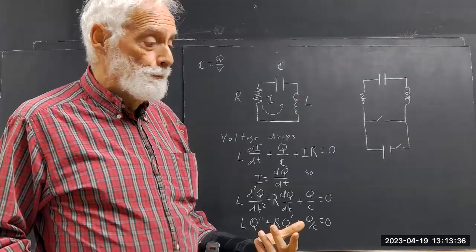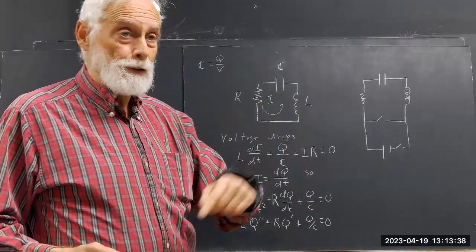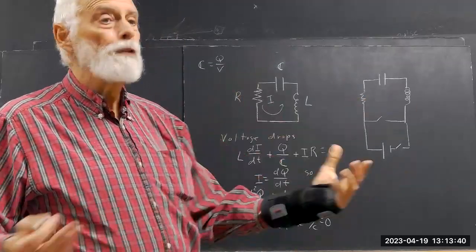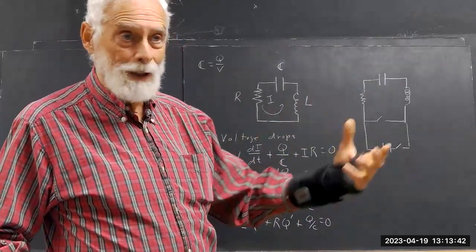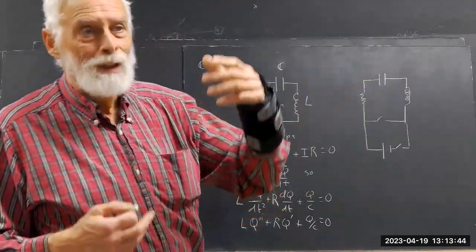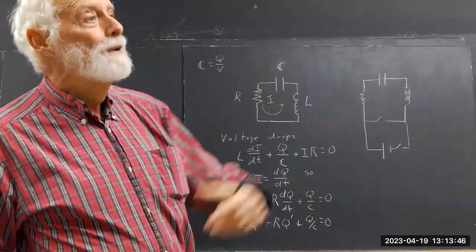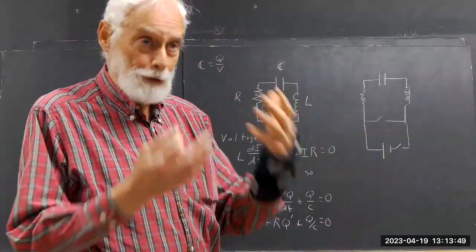If you have pure imaginary, then you just have e to the i theta, cosine theta plus i sine theta, so cosine of omega t plus i sine of omega t, and there's your oscillation, right?